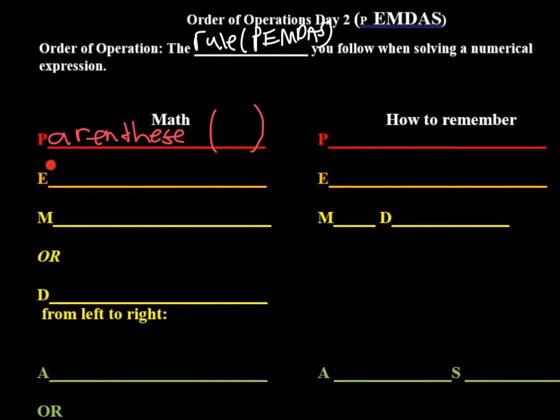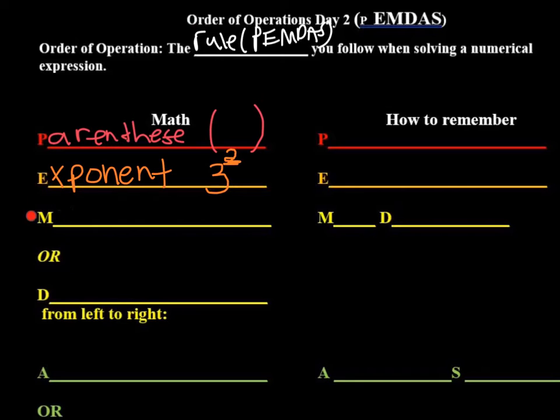So let's continue. The E in PEMDAS is the exponent, spelled E-X-P-O-N-E-N-T. Remember that if we have a base, that's the big number, and the exponent is the small number, like the 2 on top of here. This is your exponent, that small number on top of your base.